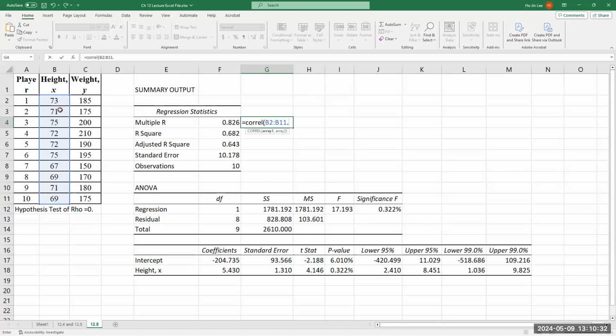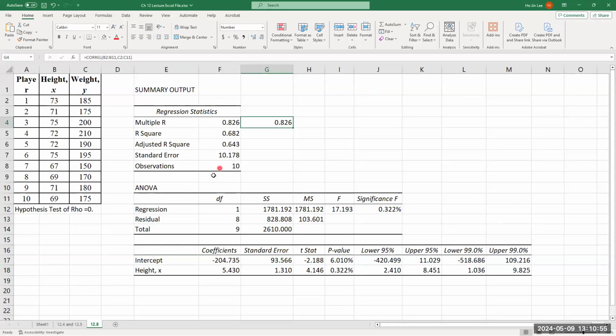Put in my X's first, you don't have to, comma, and your Y's, it doesn't matter which order, close parentheses. Same thing. So there are 2 ways of calculating that. There's your estimated rho, which is R.